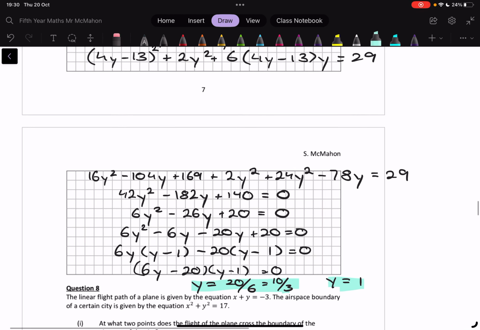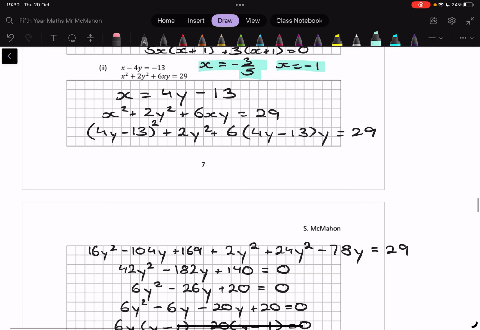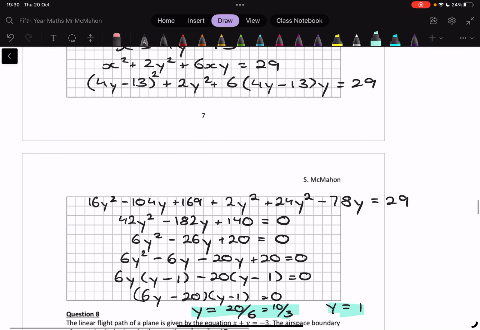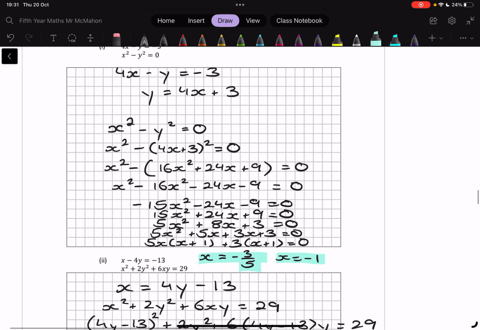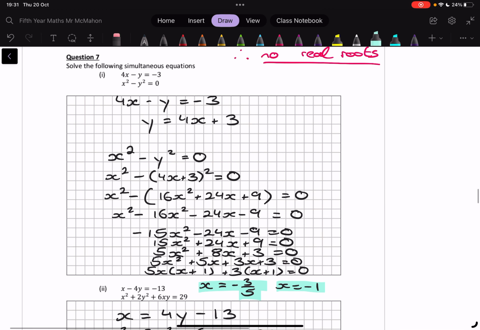Okay. For both questions, we need to go back and identify what the value is for the other variable. So a good example here of not forgetting to do that. So for the first one here, we sub back in our values of x, and we will get that y is equal to 4 times minus 3 over 5 plus 3.